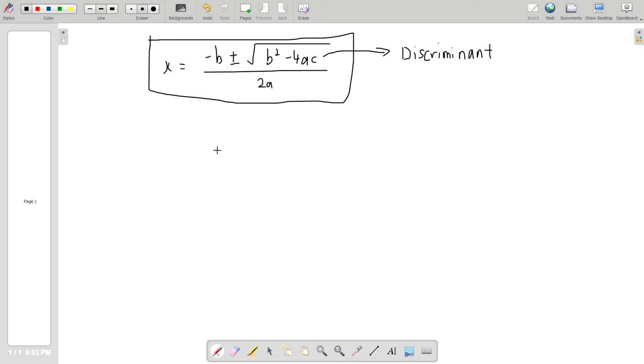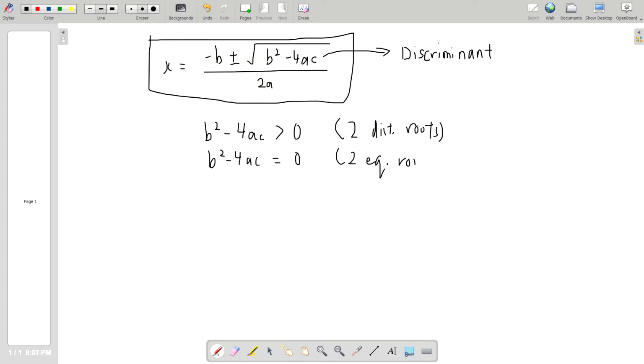Now, you've probably heard common phrases like, when b squared minus 4ac is greater than 0, we get two distinct roots. Or if b squared minus 4ac is equal to 0, you see two equal roots, right? You might be wondering, why is that the case?